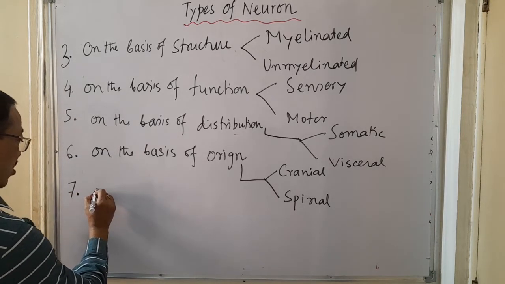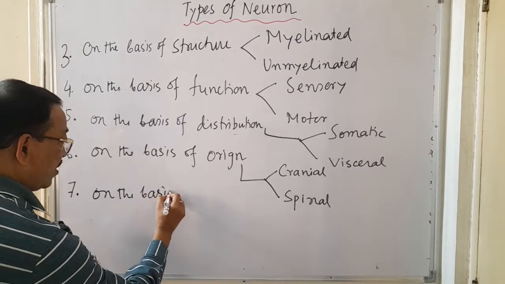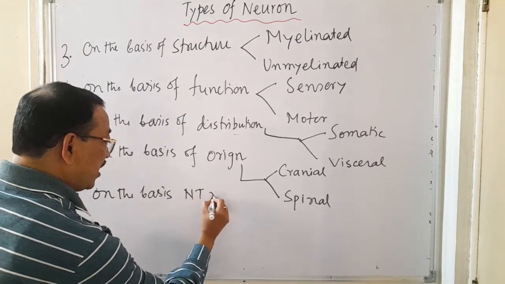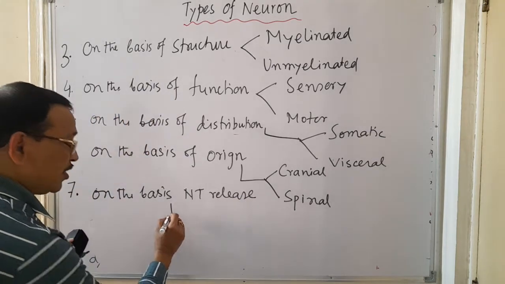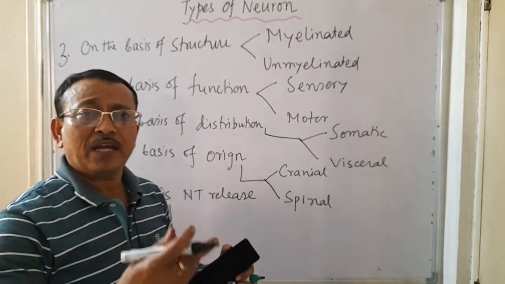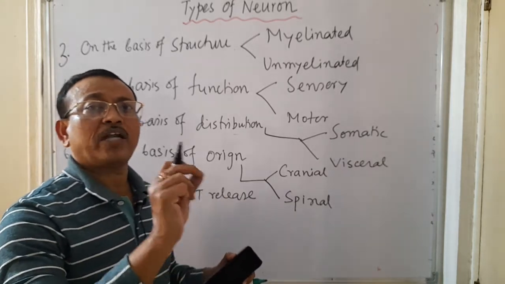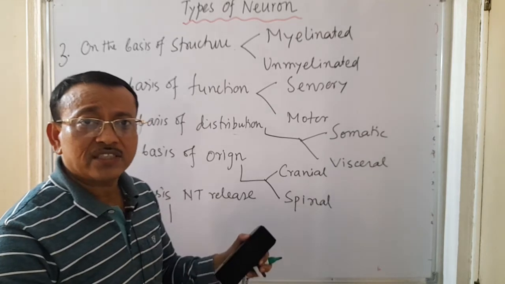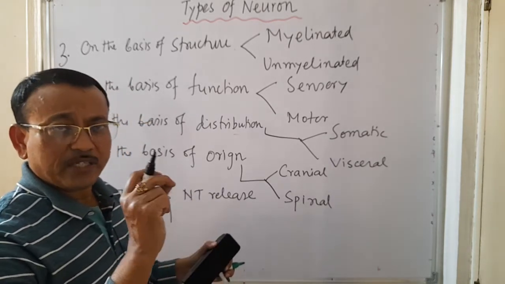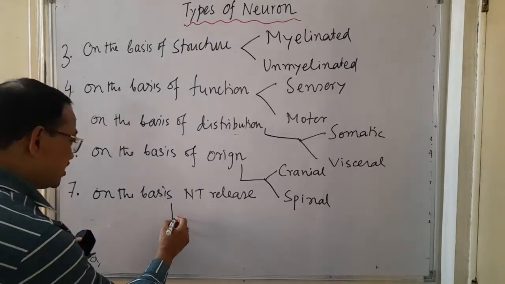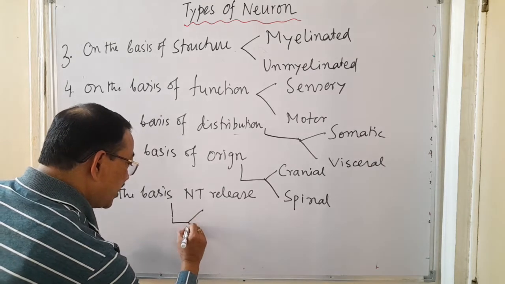And finally, on the basis of neurotransmitter release, that means what chemical type of neurotransmitters are released from that particular neuron. On the basis of that criterion, these neurons are classified into three types.